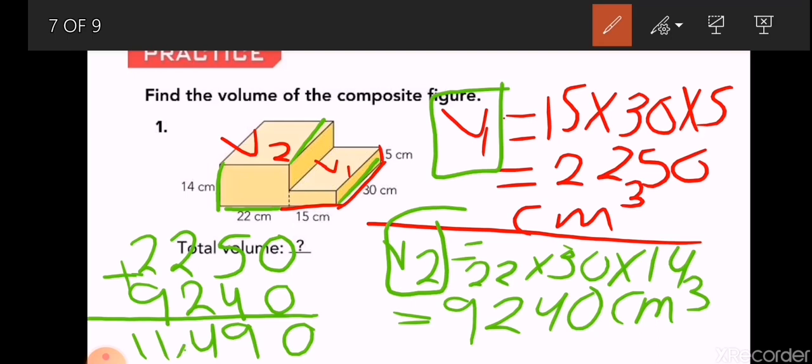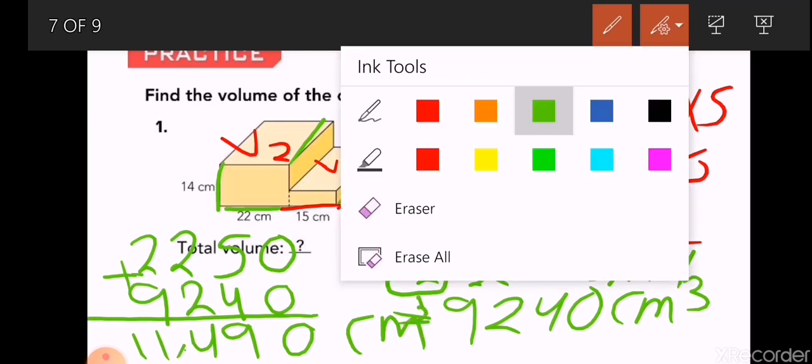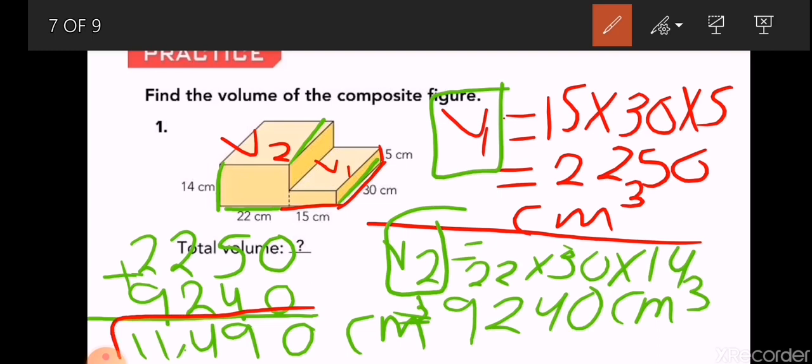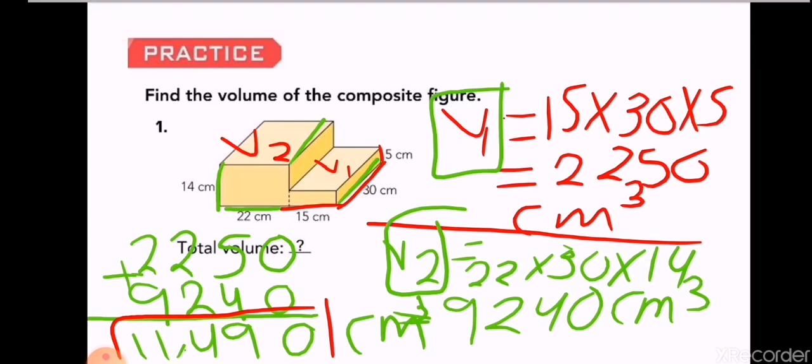So 11,490 centimeter cubed. Here's your total volume. So again, the way I will cut my shape into two regular shapes and I will get the volume for each one separately. Then I will add the two volumes together to get the total volume.